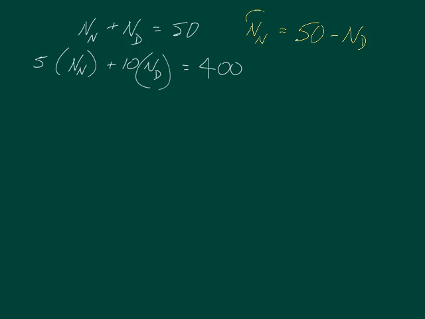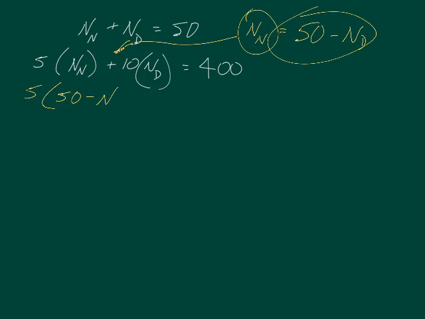And so now, whenever I see an NN, I will put this in its place. So 5 times 50 minus number of dimes plus 10 times the number of dimes. So notice why I did that is so that I would have the same variables. Number of dimes here, number of dimes there. So I can start combining.